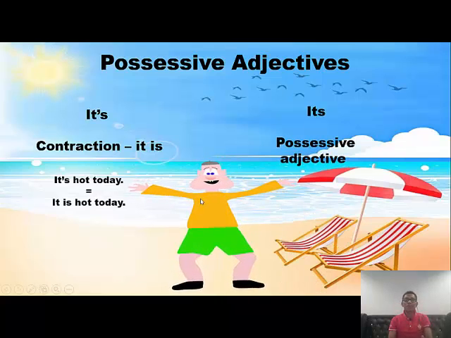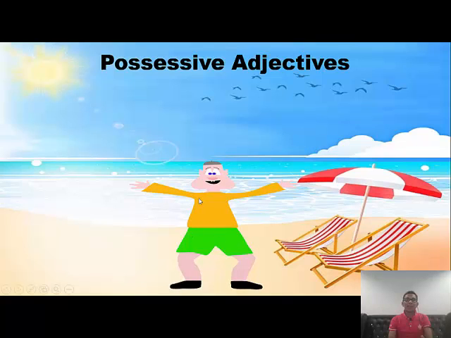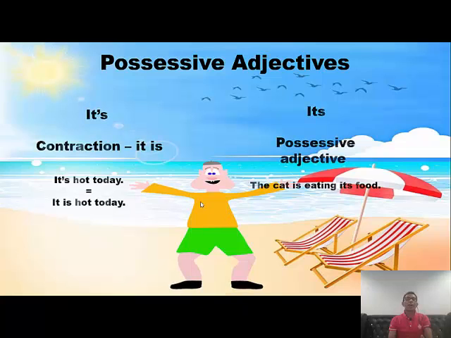Now I'm going to show you this. Now take a look at the slide. Okay, so it's with an apostrophe s is the contraction of it is. But its without the apostrophe is the possessive adjective.